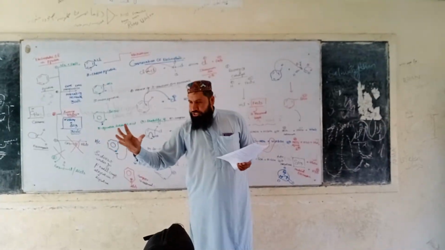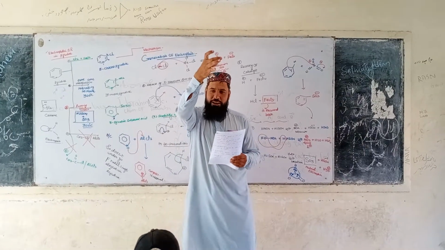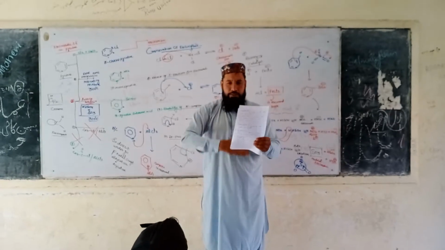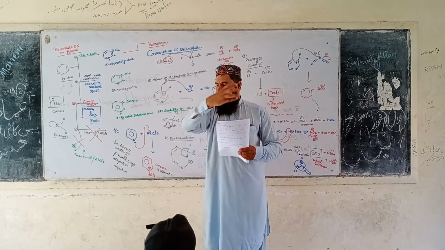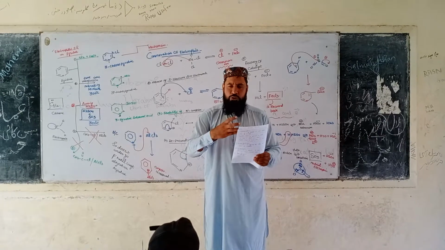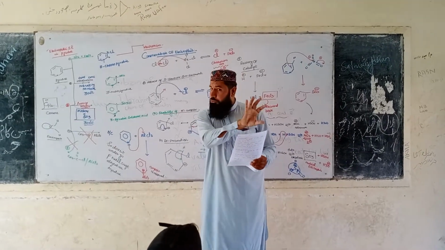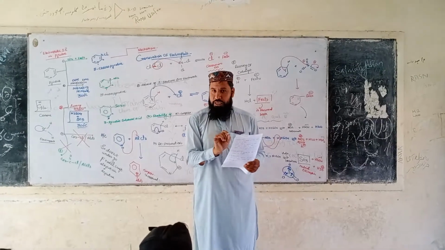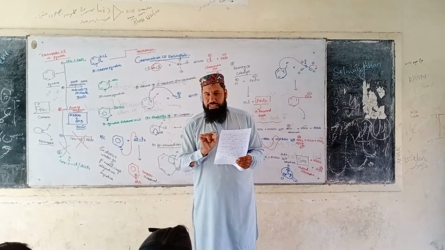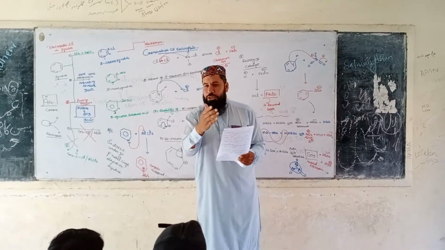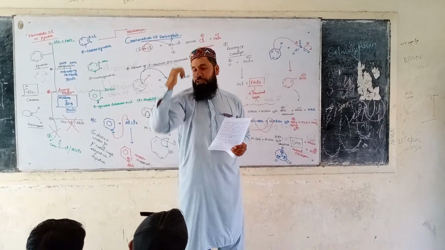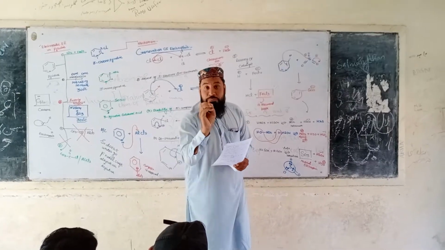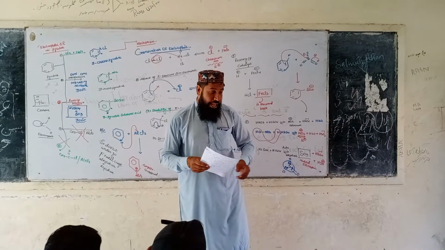Electromagnetic radiations are falling on an organic molecule. In UV visible spectroscopy, we use UV and visible light, which has enough energy to cause electronic transition, and during that transition some of the energy is absorbed.